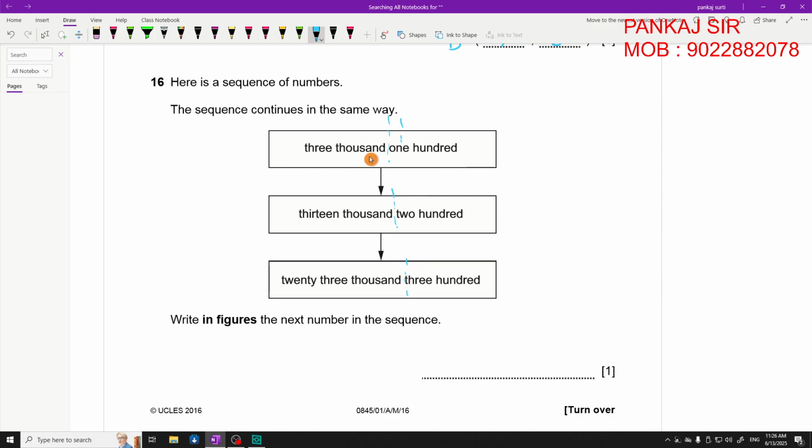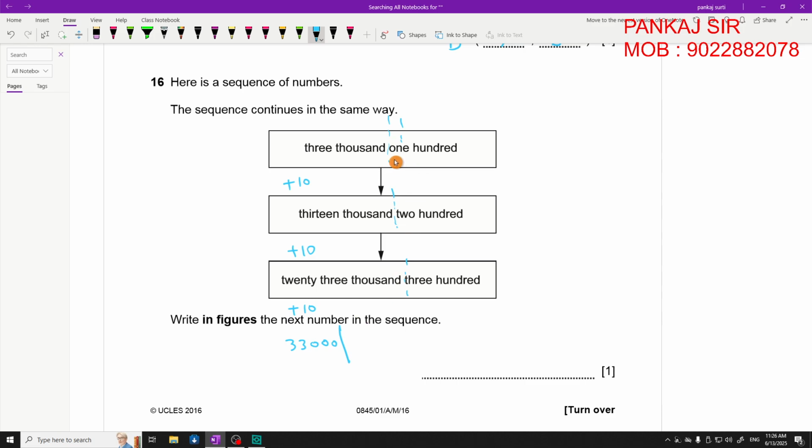Okay. So in the first term, you have 3,000. In the next term, you have 13,000. So 3,000 plus 10 is 13,000. And if you add plus 10 again, so you'll get 13 plus 10, 23. So in the next also, you'll have to add plus 10. So 23 plus 10 will make it 33. So the next term will have 33,000 as the answer for this first part, right?